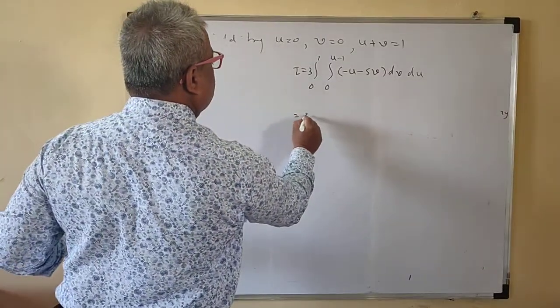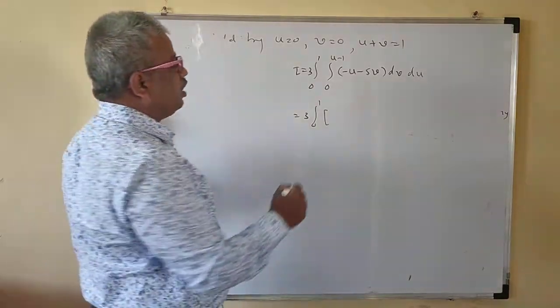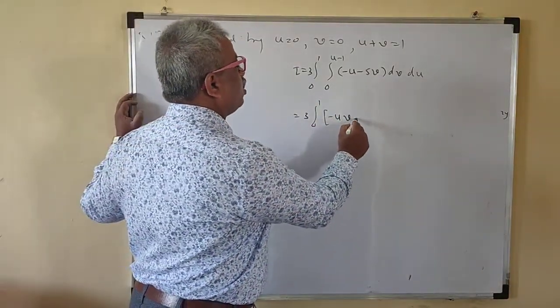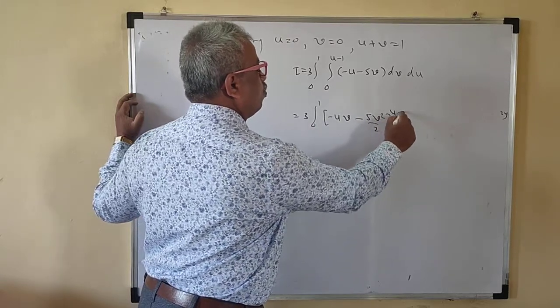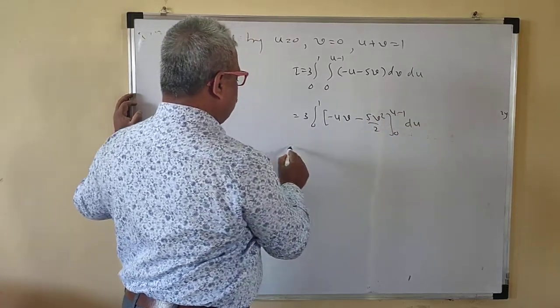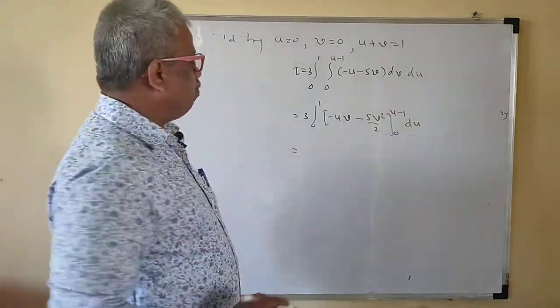Okay. So now this is 3, 0 to 1. Integrate this. We are integrating with respect to v now. This is what? Minus uv minus 5v square by 2, 0 to u minus 1, du. Okay. So if you put v is equal to 0, then everything is 0. Only I have to put the upper limit.